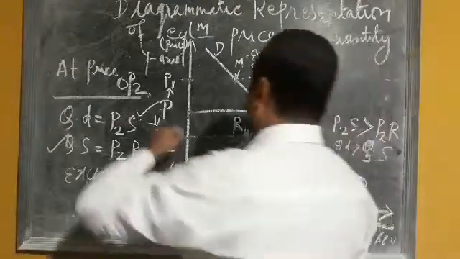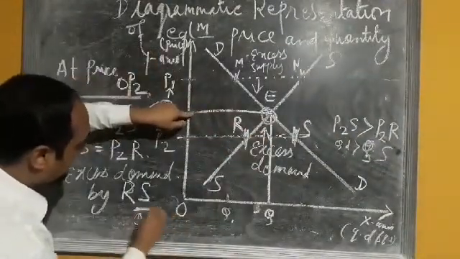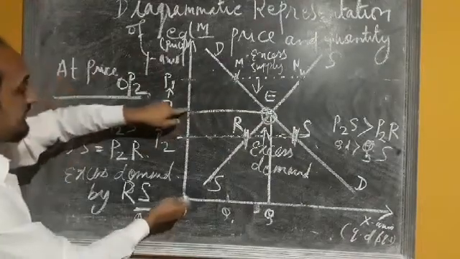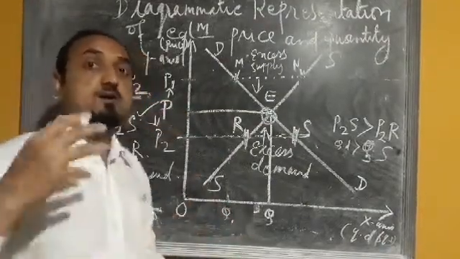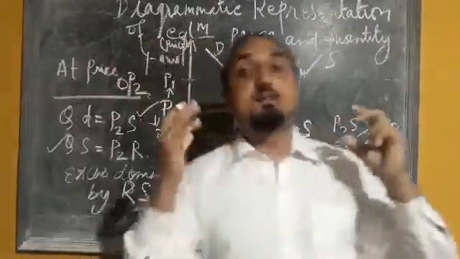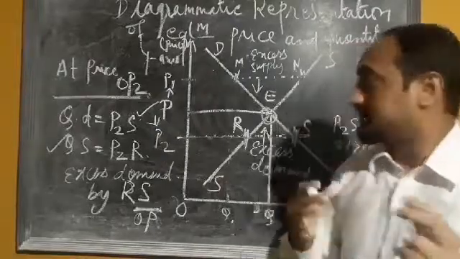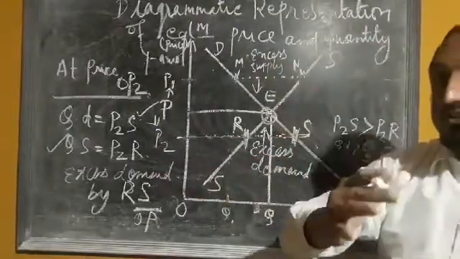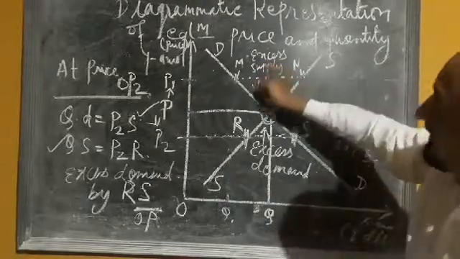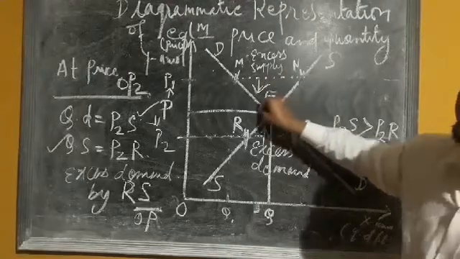And we know that the equilibrium price is OP. So when there is excess demand or excess supply, there is a tendency to move towards equilibrium. When there is a situation of excess supply, the price will fall and move towards the equilibrium.